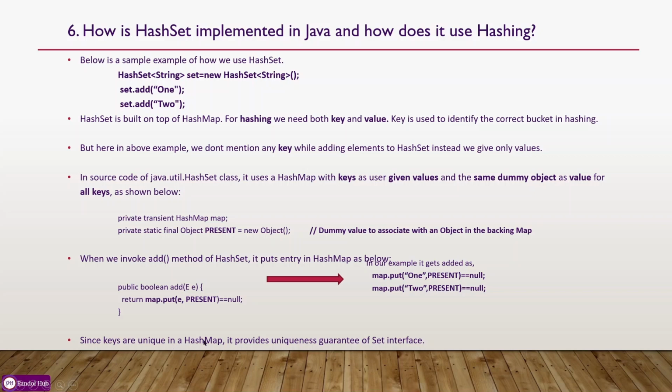Since keys are unique in a hash map, it provides the uniqueness guarantee of a set interface. We already know that in a hash map, all the keys should be unique, except for one null value which we can use as a key. So by default, since the keys are unique, the hash set values are going to be unique and it will not allow any duplicates. Even if we try to insert, it gets overridden.